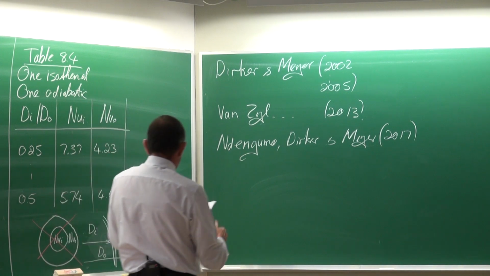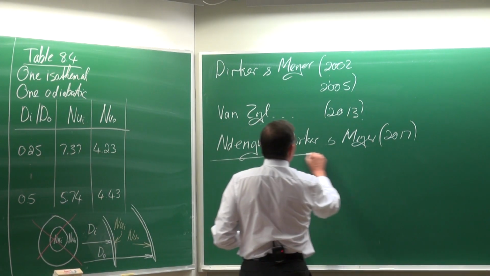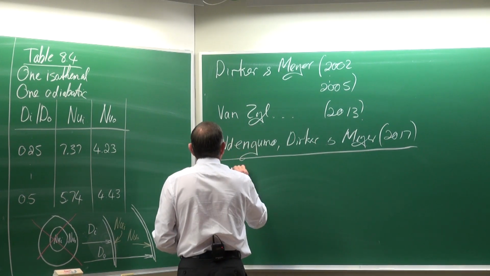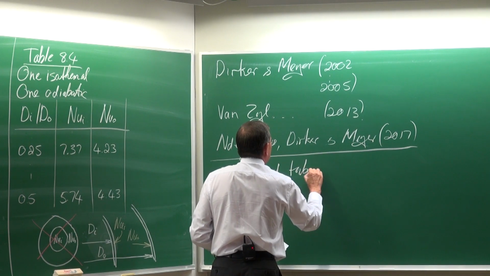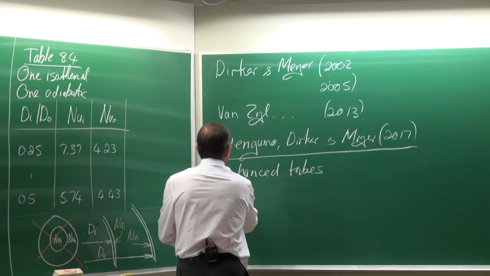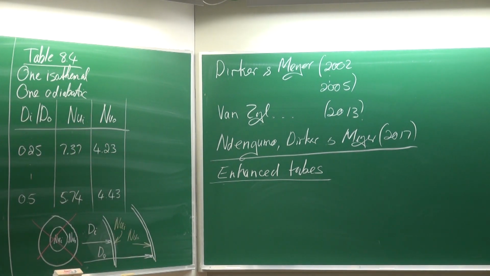Right. The last part of this chapter is on enhanced tubes. Enhanced tubes. Okay. Now in industry, if we design heat exchangers, again this is the simplest type of heat exchanger, where we've got heat transfer from cold fluid to a hot fluid.